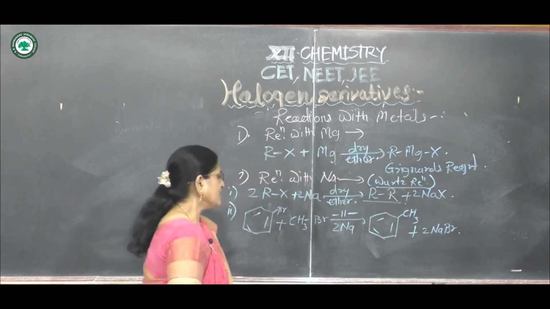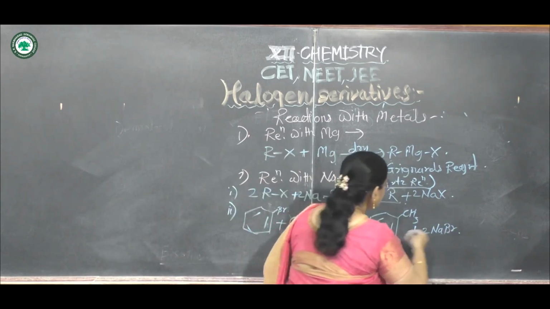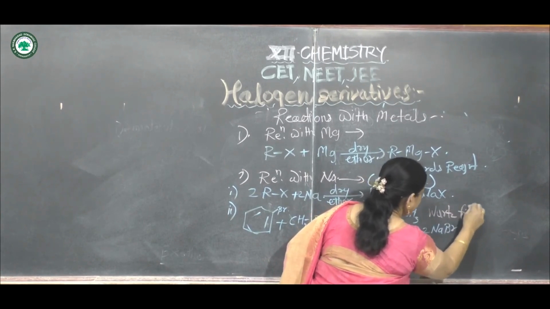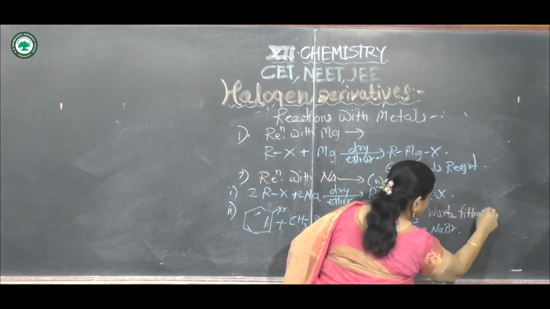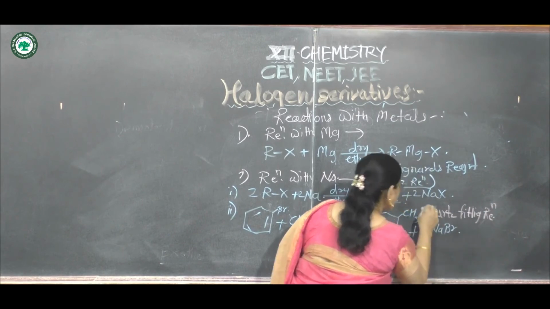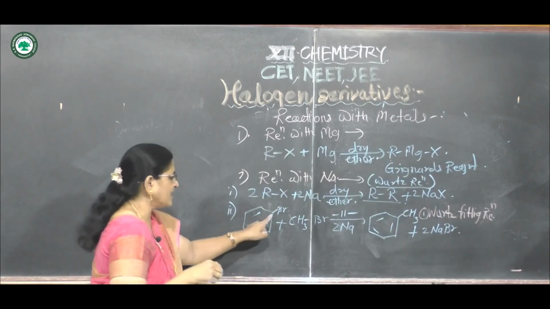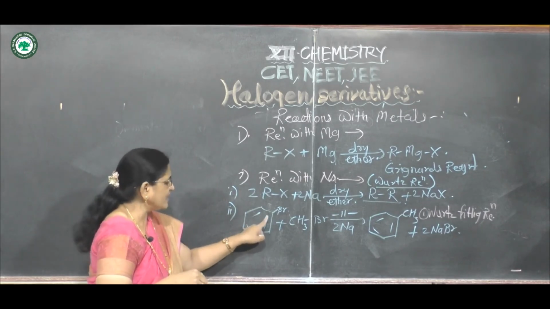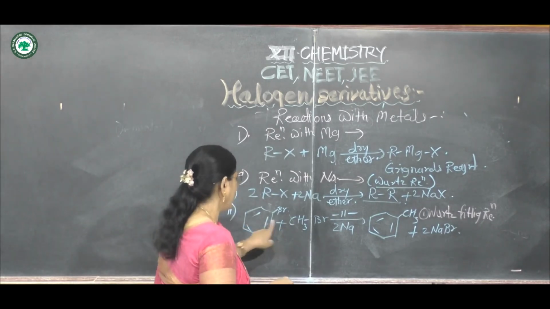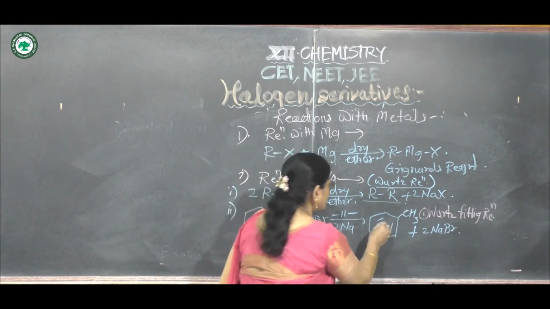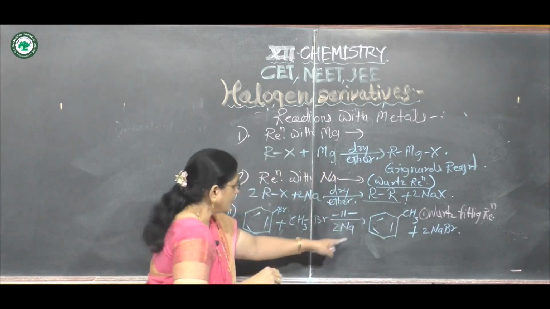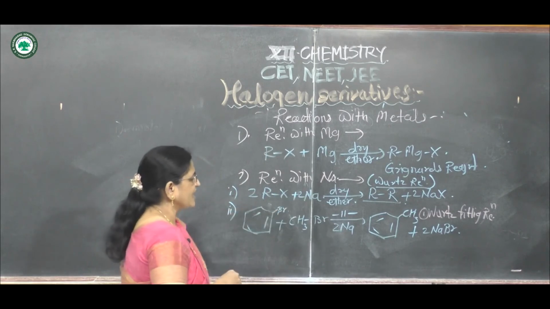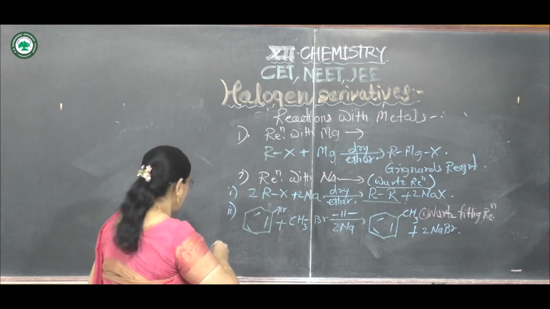This reaction is called the Wurtz-Fittig reaction. In it there is one alkyl halide and one aryl halide. This is the aryl halide and this is the alkyl halide. These two molecules give toluene, and the name of this reaction is the Wurtz-Fittig reaction.